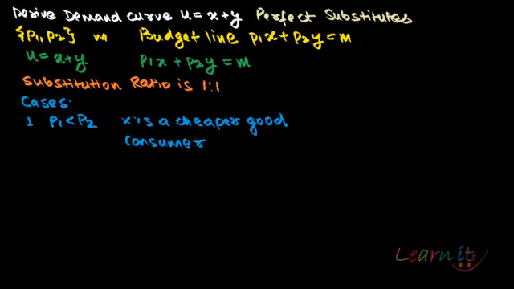Suppose you think like a consumer, and two goods are given to you and one of the goods has a lower price. Do you generally buy all of that good?